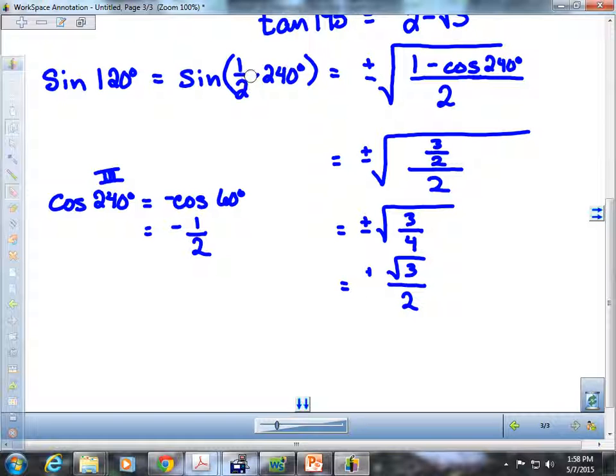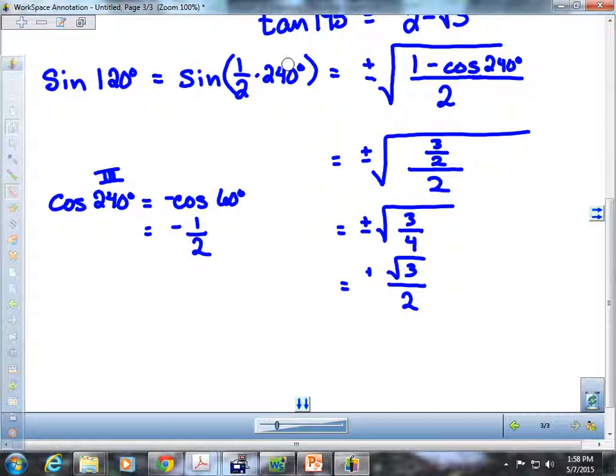You got to figure out what quadrant the angle you're taking half of is in, and then you take half of that quadrant. Half of quadrant 1 is still going to put you in 1. Half of quadrant 2, 90, half of 90 is 45. Half of 180 is 90. So if the angle you're dealing with is in quadrant 1 or 2, half of that angle is going to put you into 1.